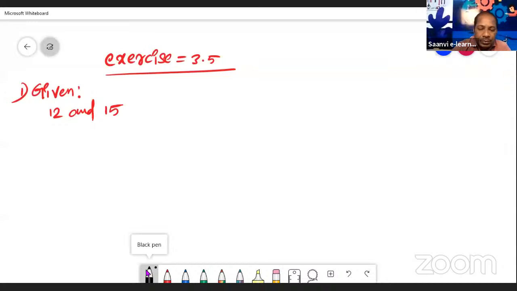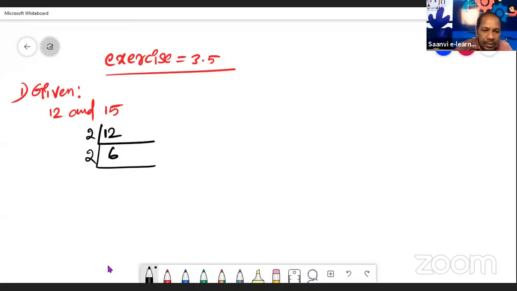To find LCM by prime factorization method, we have to factorize these two numbers separately. So what is the first prime number? 2 is the first prime number. Now this 12 is possible with the 2 table. 2 sixes are 12. Again 2 table possible. 2 threes are 6.